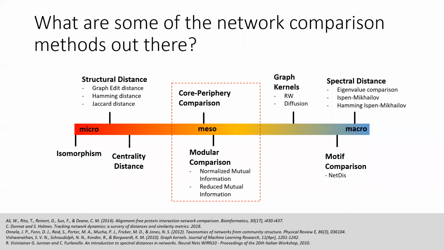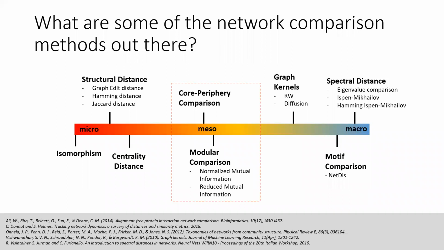But if we now look in general at the literature out there on comparing different networks, there is a broad range of comparison techniques. And here we've only highlighted a few of them, and we've arranged them on a scale according to what specific feature of the network they consider within the comparison.